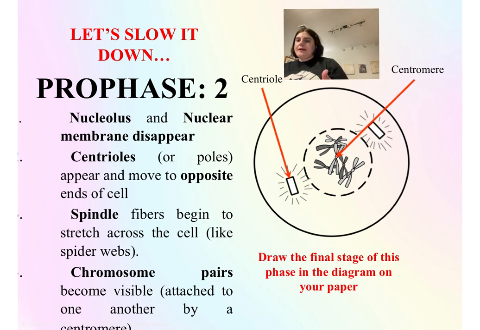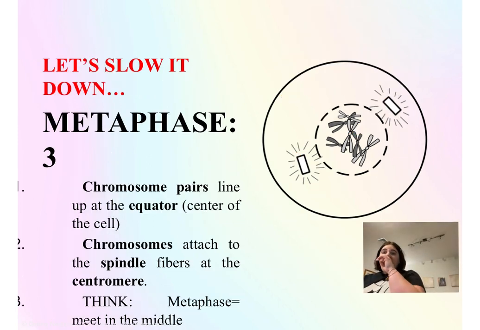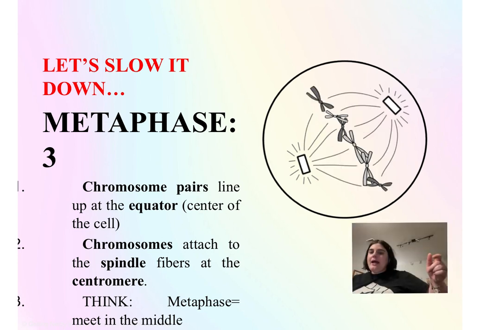Super important. All right, we've got prophase, then metaphase. Chromosome pairs line up at the equator, so they line up in the middle. The chromosomes attach to the spindle fibers at the centromere, that little knobby in the middle.